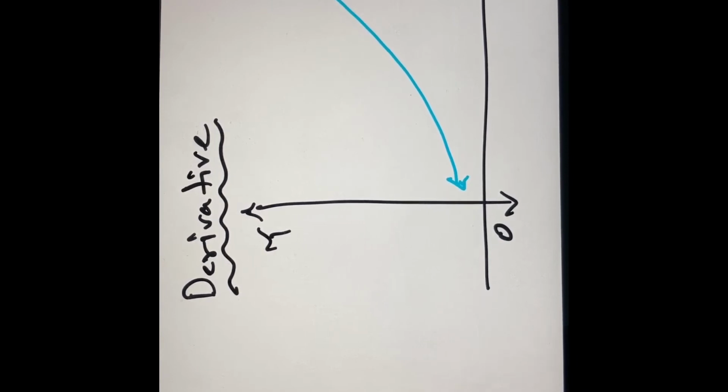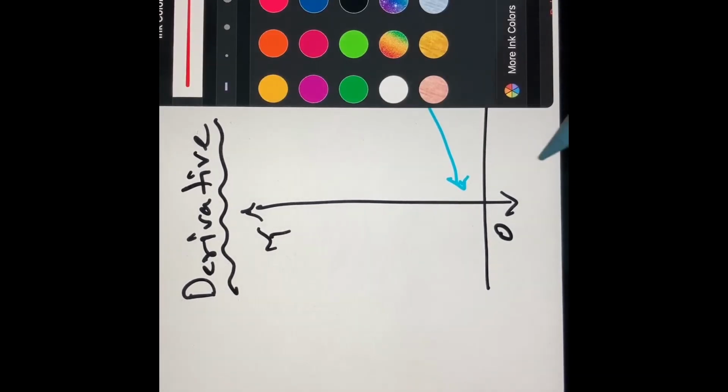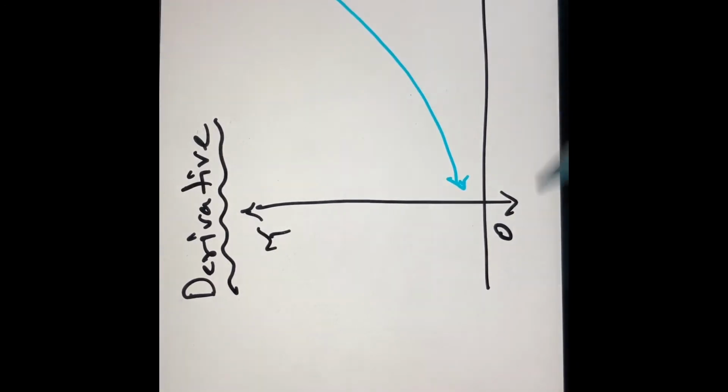Because when we talk about slope, we basically talk about straight lines. Okay, so when you have straight lines, the slope is always going to be constant. But if I'm dealing with a curve like this, the slope is constantly changing. The slope is not constant.